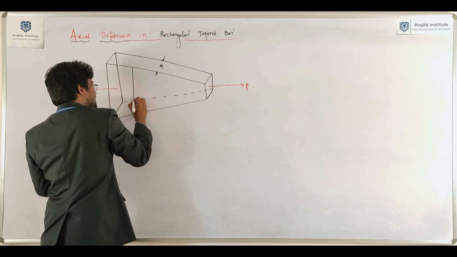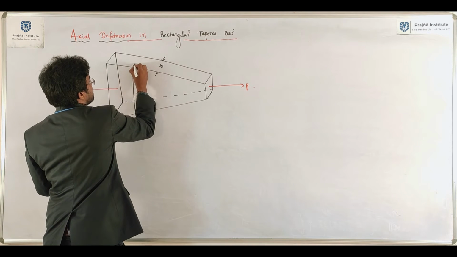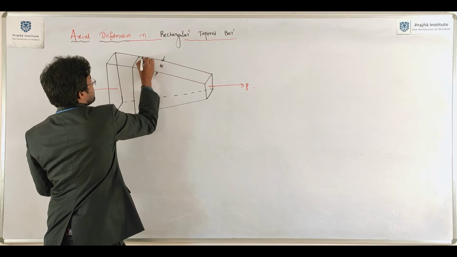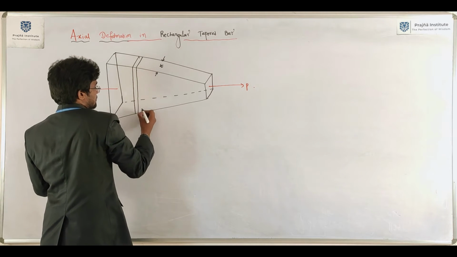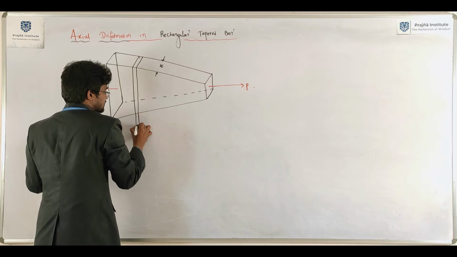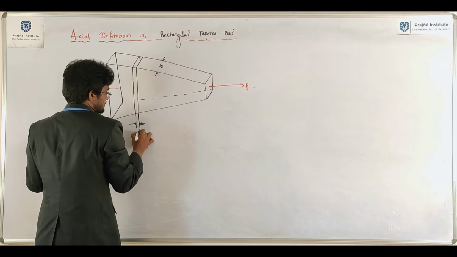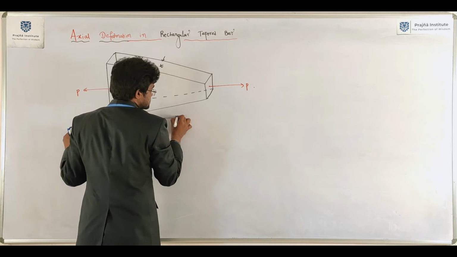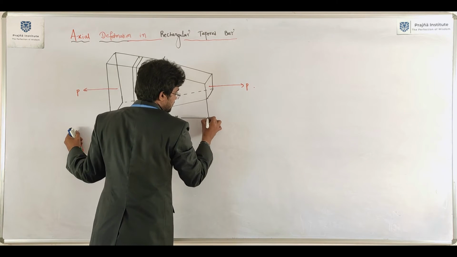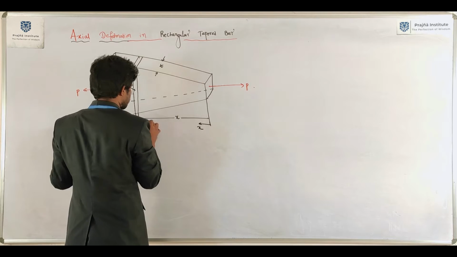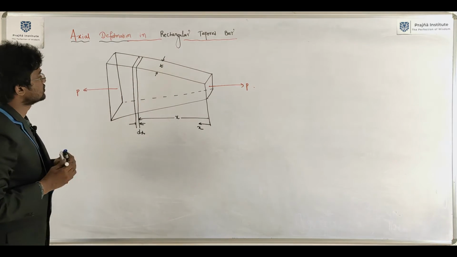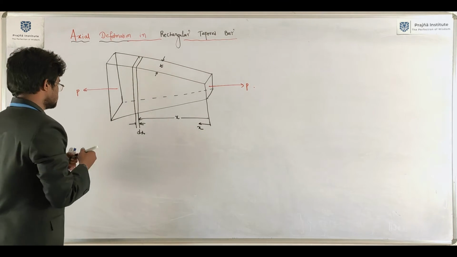So take an element. This particular thing is dx. It is at a distance x from this end. You need to measure the distance x. Okay, so this is the distance.